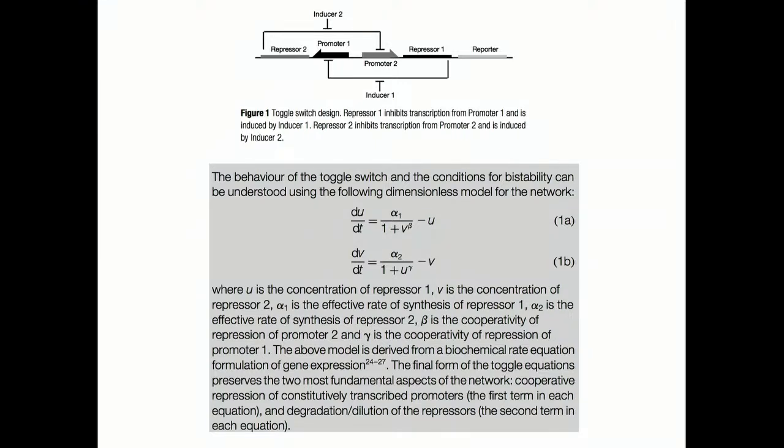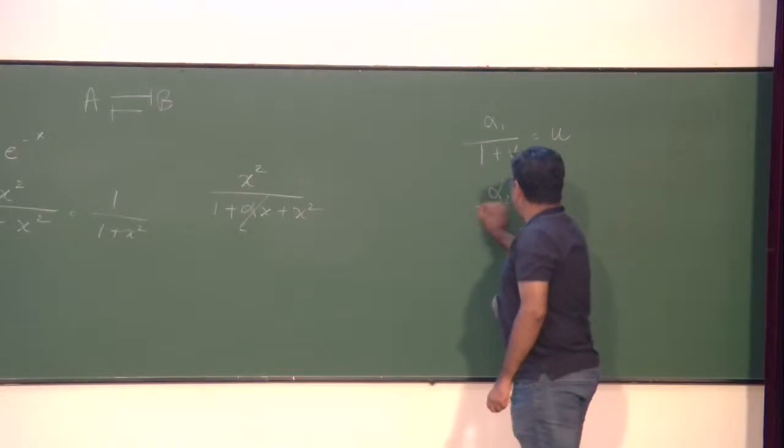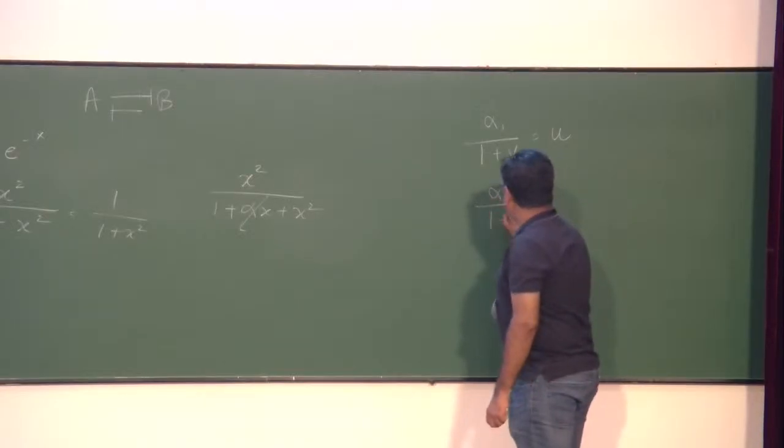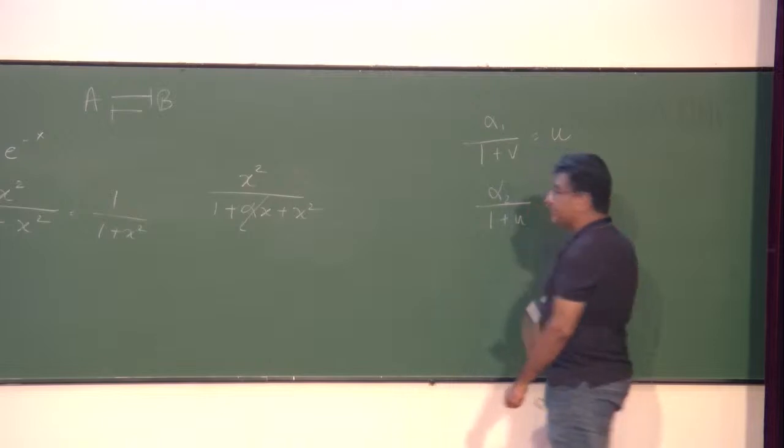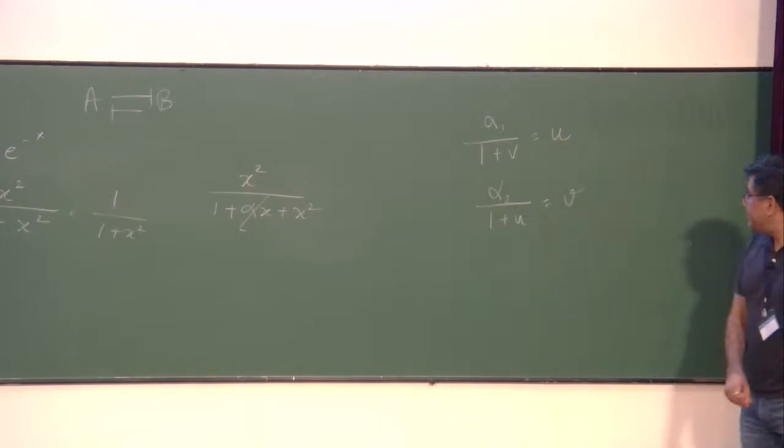So if you want to solve these equations for steady state, you put du dt equals 0. What do you get? You get alpha 1 over 1 plus v is equal to u, and from the second one you get alpha 2 over 1 plus u is equal to v. Right?